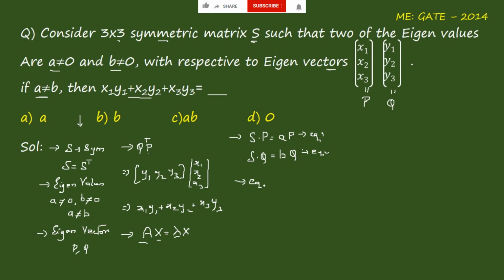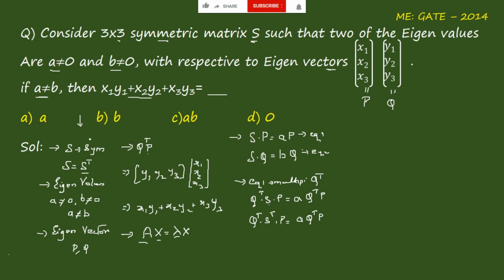Now in equation 1, we multiply with Q transpose. It is Q transpose into S into P is equal to A into Q transpose into P, as A is a scalar value. Now S is symmetric, so S is equal to S transpose. Substituting, we get Q transpose into S transpose into P is equal to A into Q transpose into P.